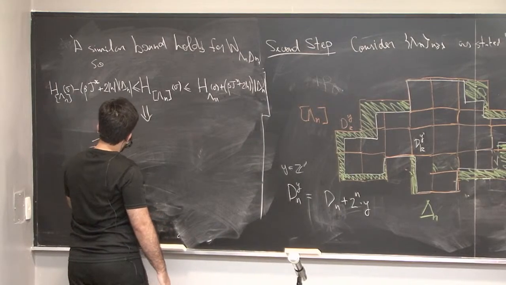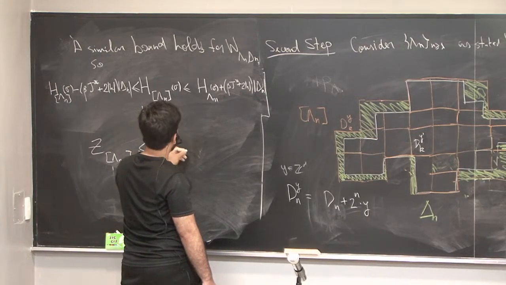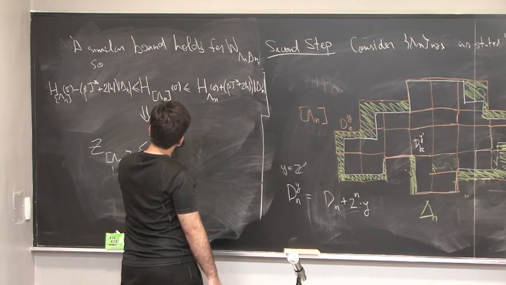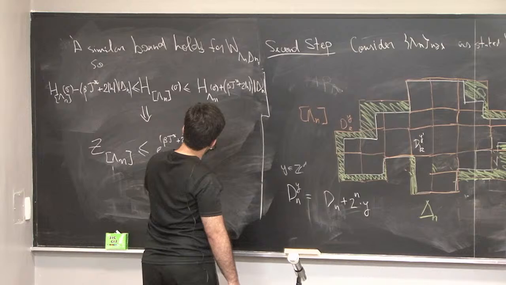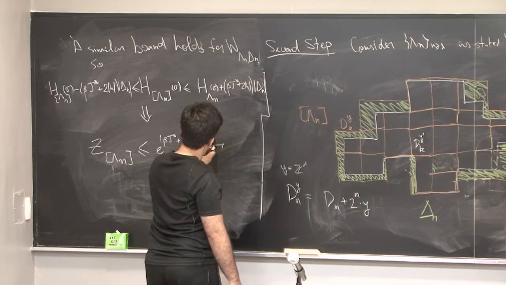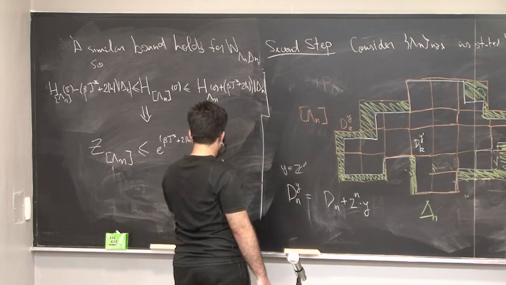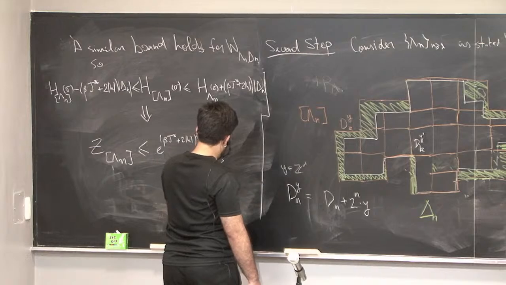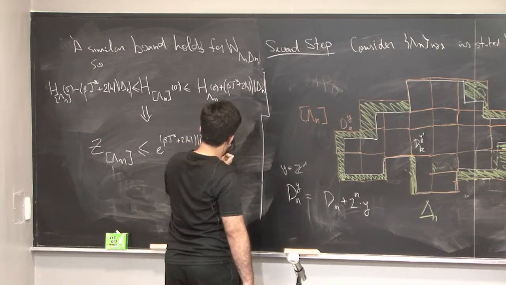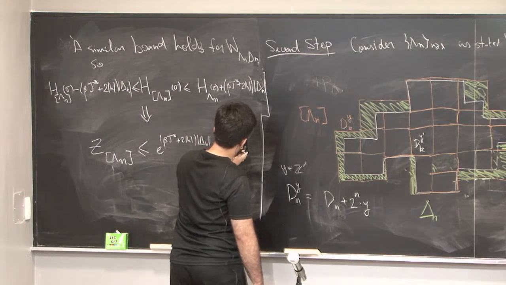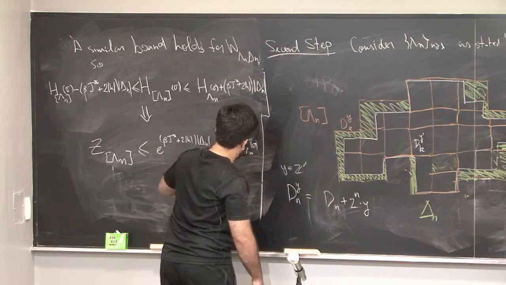So you take the partition function that will be less than the exponential of beta j star plus 2h times the size delta n times the sum over all the configurations in the cover here times the exponential minus the Hamiltonian. Oh, there is no beta here, just something like this.